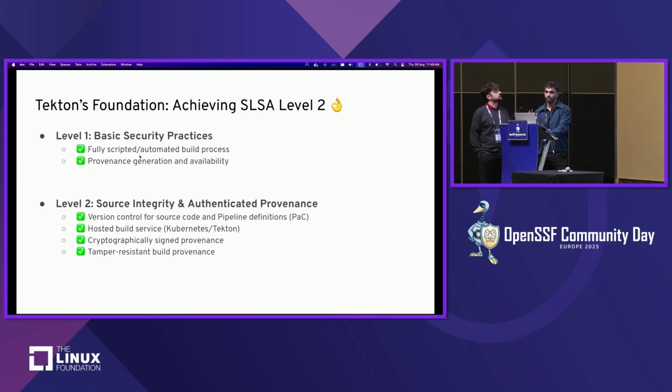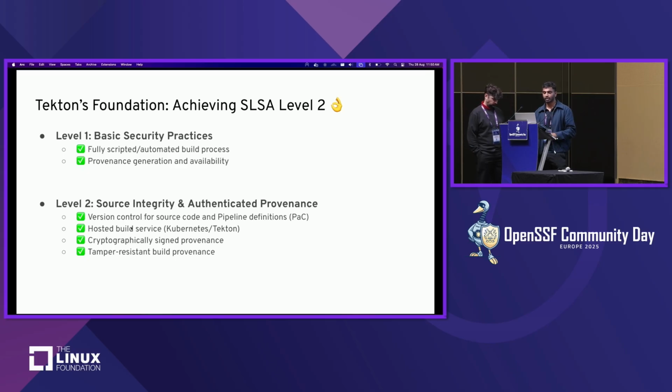So this is something you would run through a hosted service and something that would be triggered on a commit or something like that. But the first SLSA level is basically just provenance generation and availability. Now that this can be tampered with, we need to make sure that it's resistant to all that. That's what SLSA 2 is for.